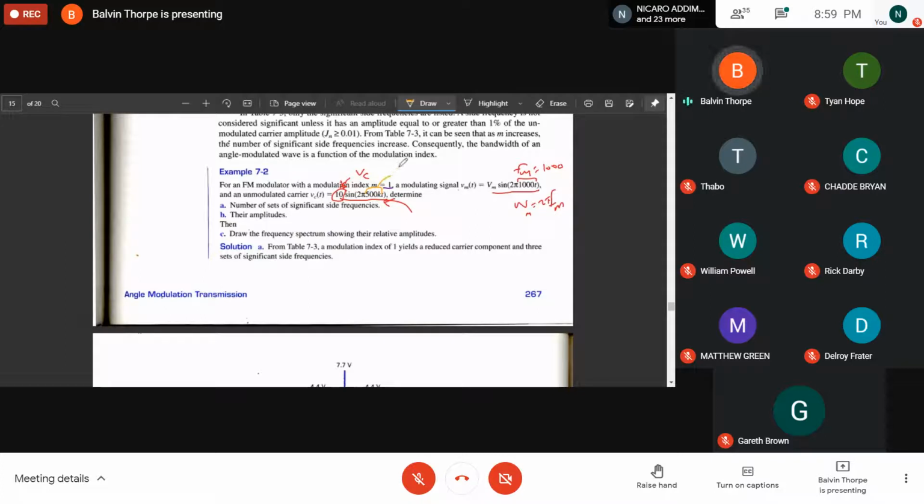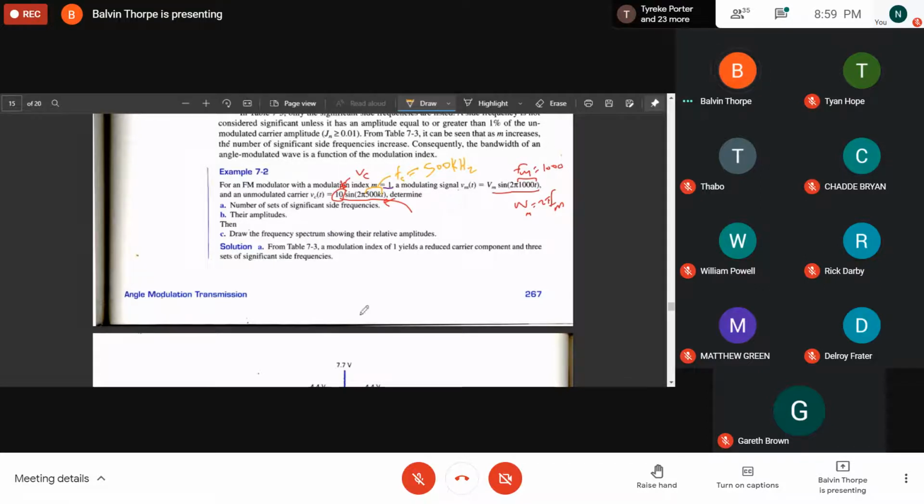So this is FC, and FC is going to be 500. Well, 500 what? 500 K. So it's 500 kilohertz, while this is 1000 hertz.